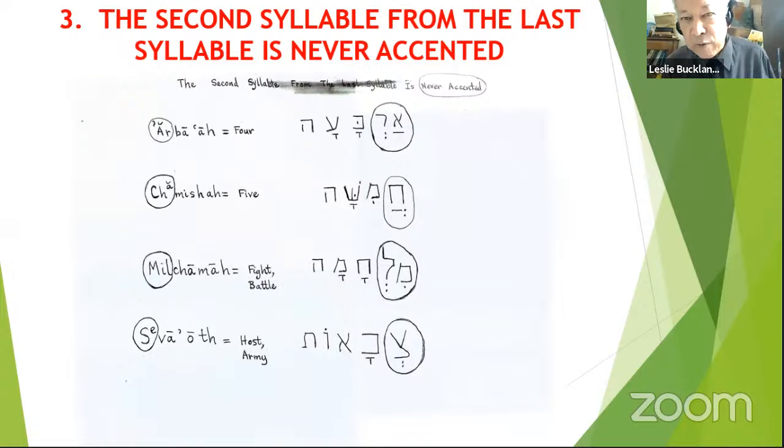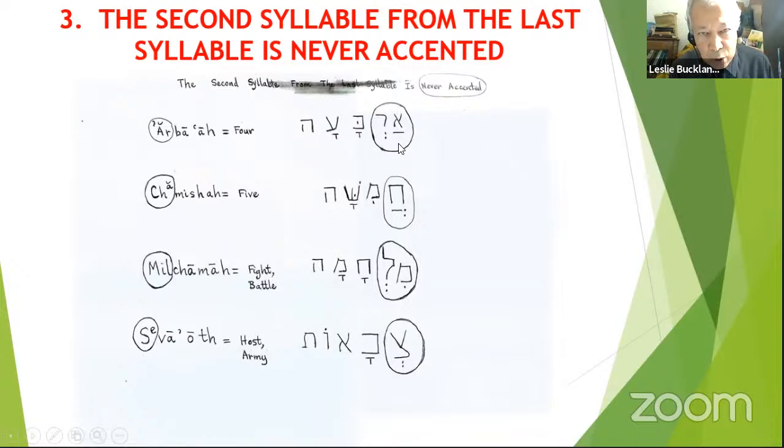I had to look carefully in a Hebrew vocabulary book to find examples on this screen to illustrate the point. So let us look at these examples. Now let us see how many syllables are in this word. This is a long word in Hebrew.